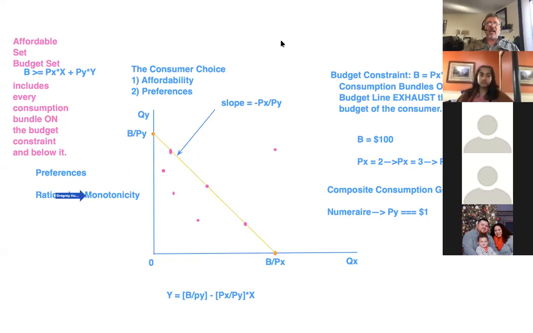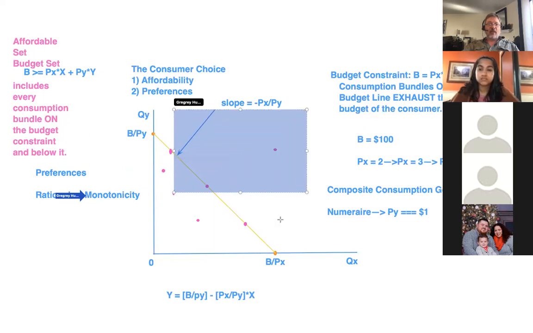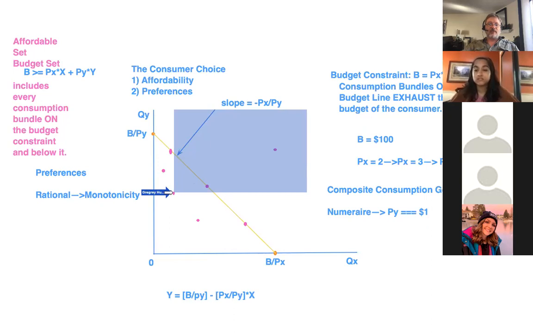Because if the consumer was at some point that's affordable, but they did not exhaust their budget, then they would have all of these preferred points, and some of those preferred points would be affordable. So all of these in here are consumption bundles that are still affordable but are preferred to the original consumption bundle.